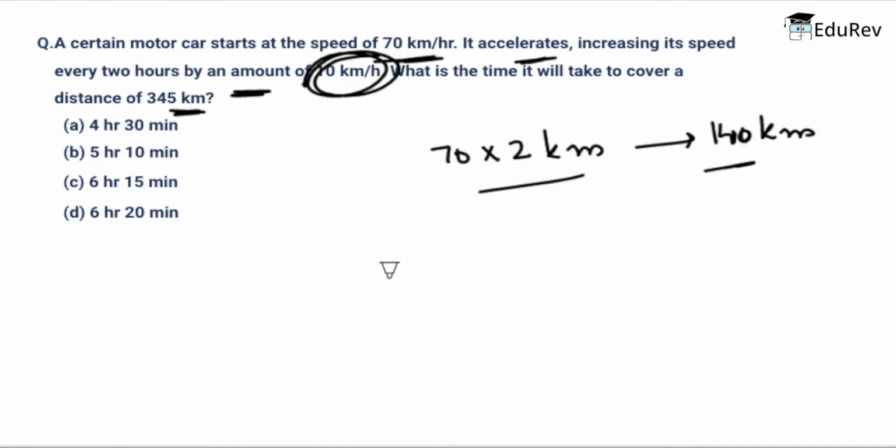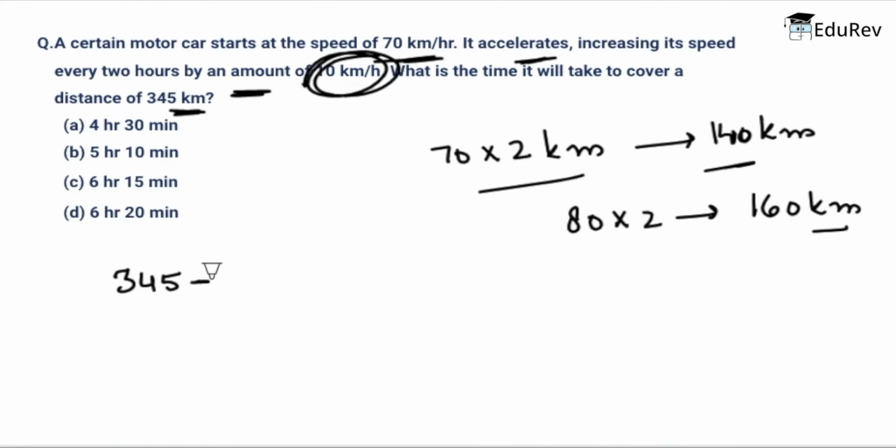Also, the distance that the car covers in the next 2 hours is going to be 80 into 2, that is nothing but 160 kilometers. Correct? Thus, the remaining distance is 345 minus 140 plus 160. That is going to be nothing but 45 kilometers.